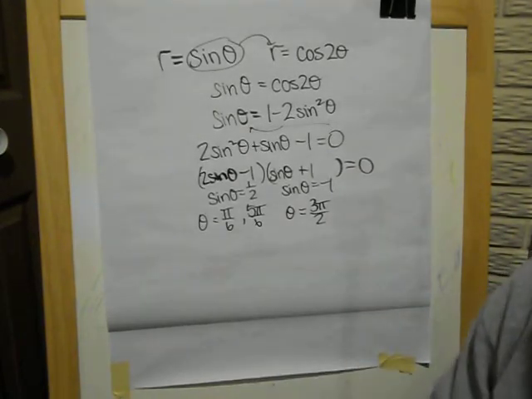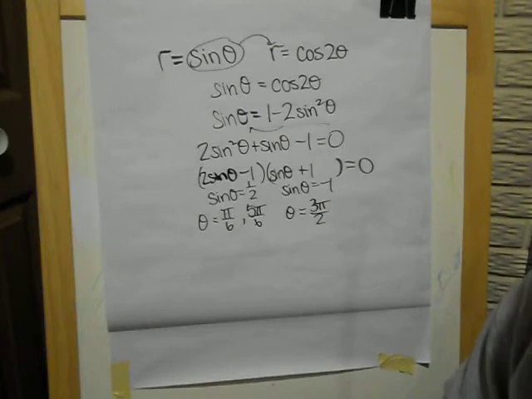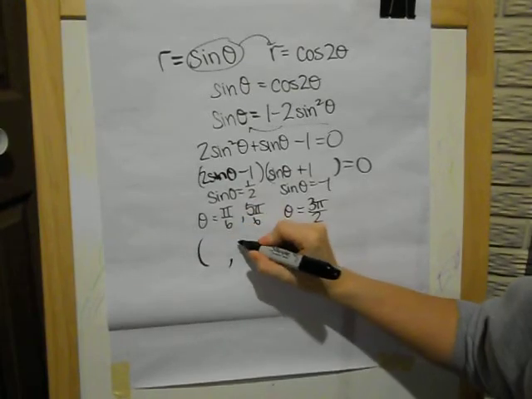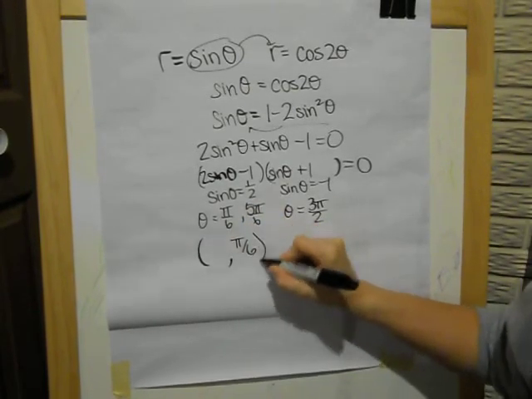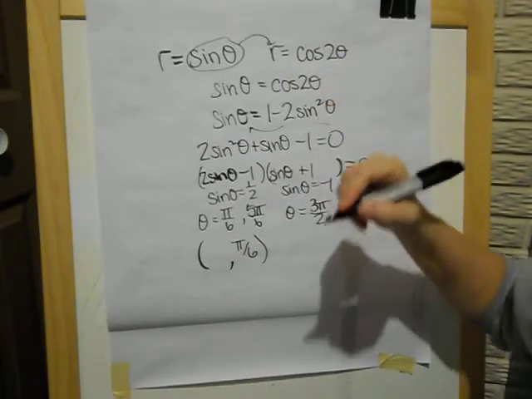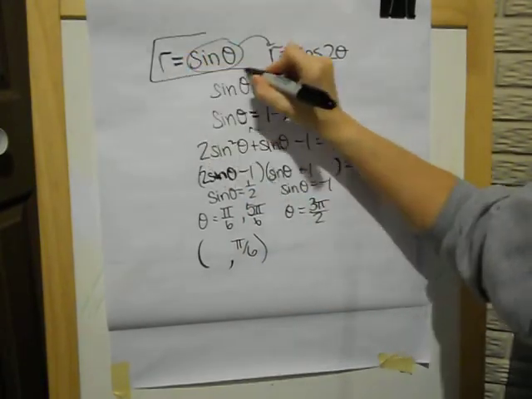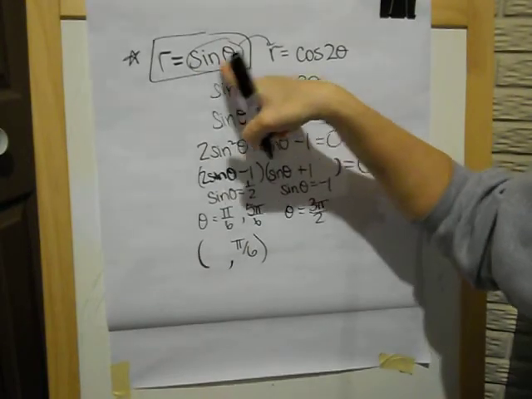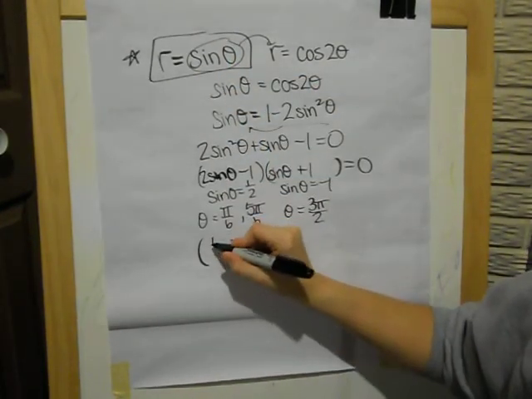Okay, now that's not my final answer, because we wanted to find the points where these actually intersect. So we need to list these as ordered pairs. I'm going to take my values of theta, which is the second value in an ordered pair, and substitute those back into either one. I'm going to use this first one here. It seems a little bit easier. So when theta is pi over 6, I'm taking the sine of pi over 6, which I know is 1/2.